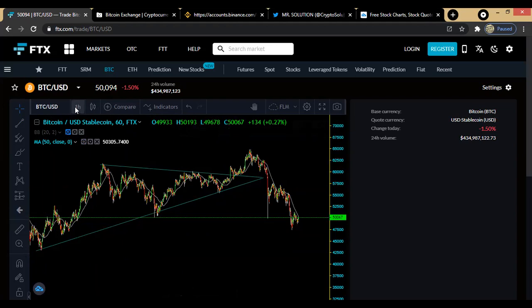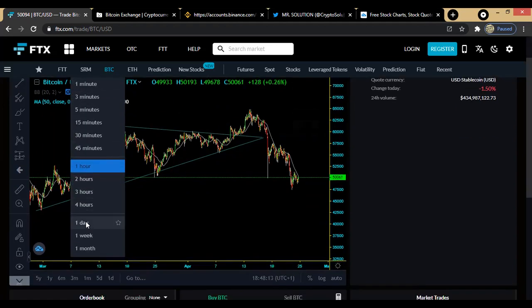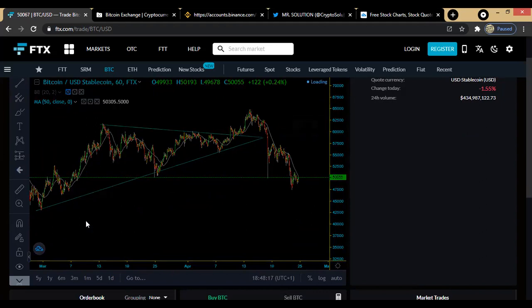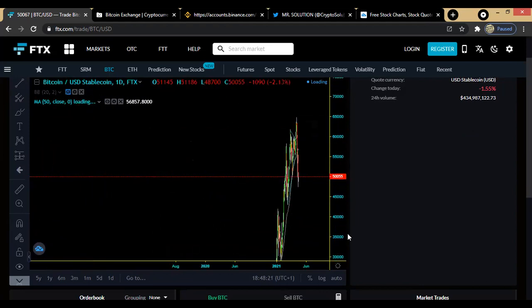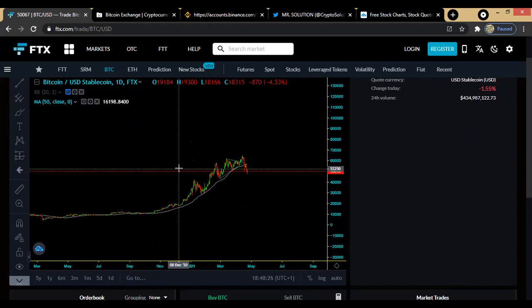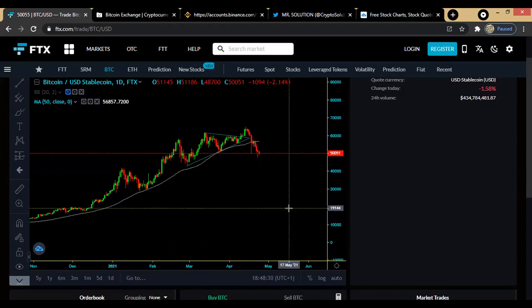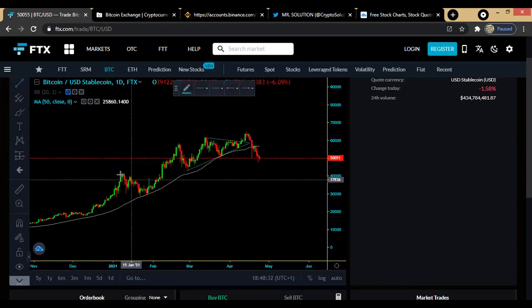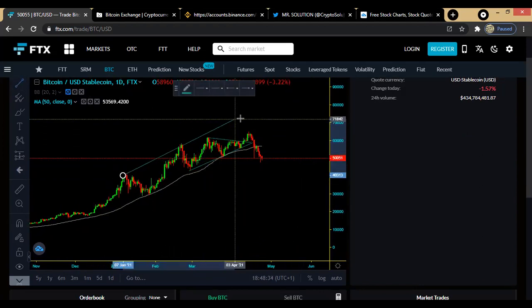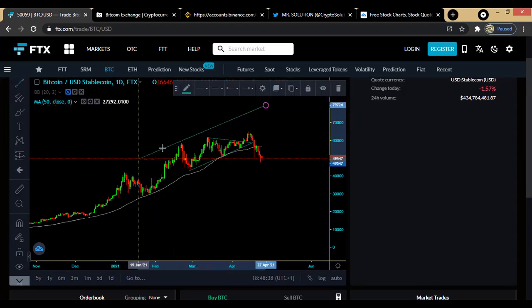So switching to the daily time frame, which is what I want to work with, because the chart we were looking at is for a very long time. From the daily time frame we have these here.